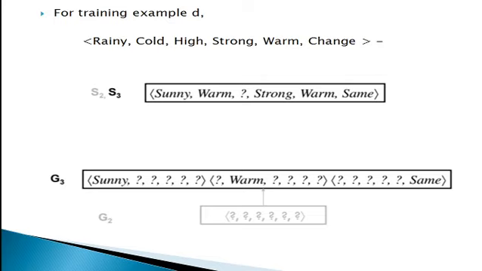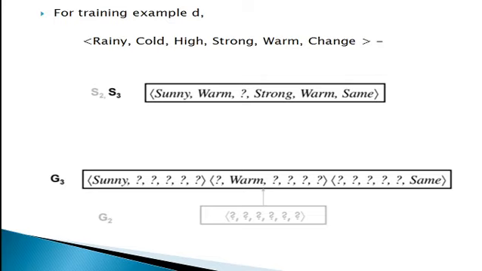Any hypothesis which is more general than S, by definition, will cover any example that S covers, and thus will cover any past positive example.